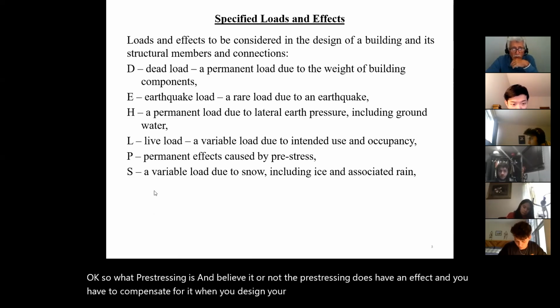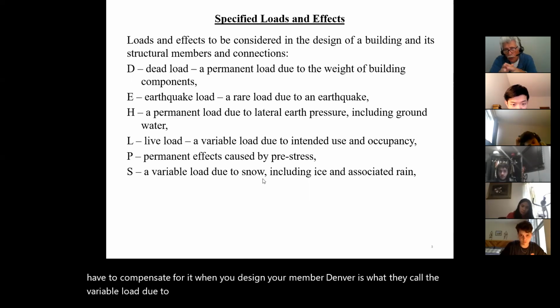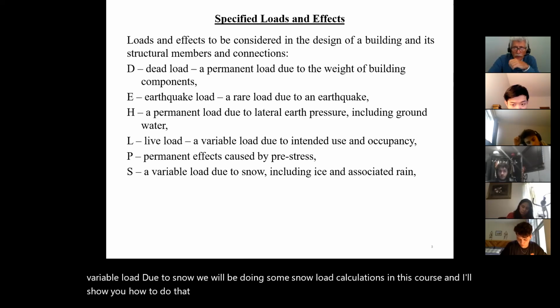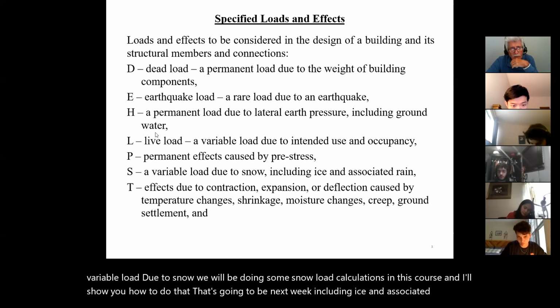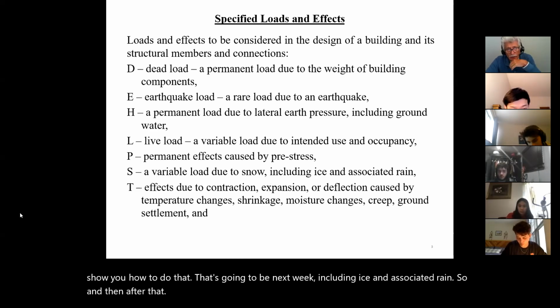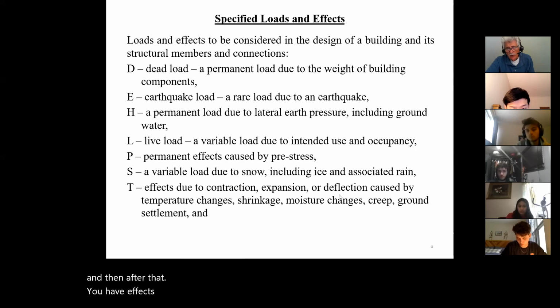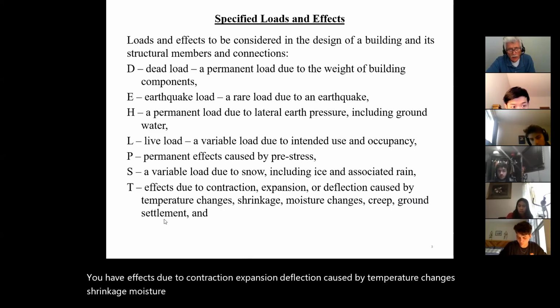Then there's the variable load due to snow, including ice and associated rain. We will be doing some snow load calculations in this course, and I'll show you how to do that next week. After that, you have effects due to contraction, expansion, and deflection caused by temperature changes, shrinkage, moisture changes, creep, and ground settlement.